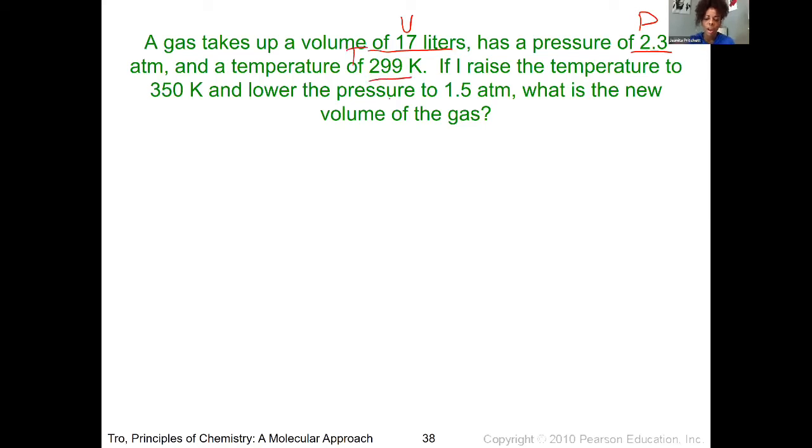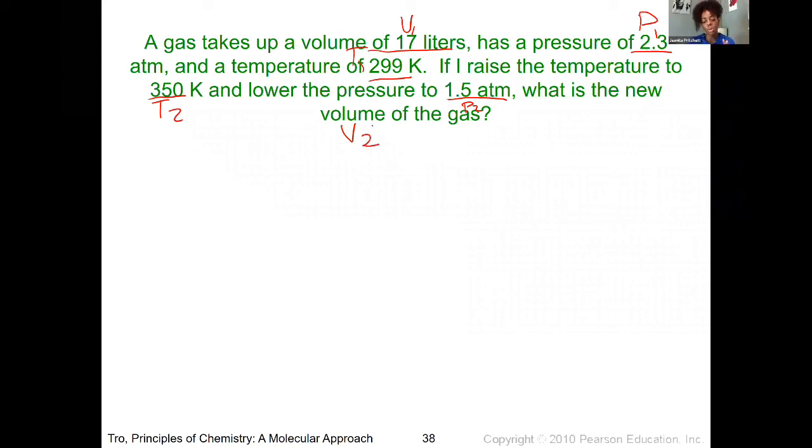Well, then it says, if I raise, so that means I'm changing the condition. So all of those first variables, I'm going to call that V1, P1, and T1. And then it says, I've raised my temperature to 350, so that's T2, and my pressure has changed to 1.5, so that would be P2. So what we're solving for is V2.